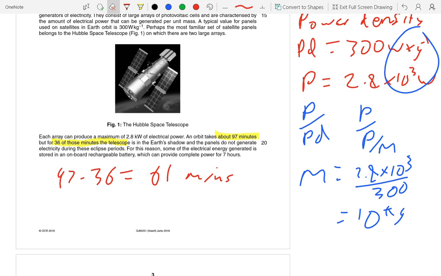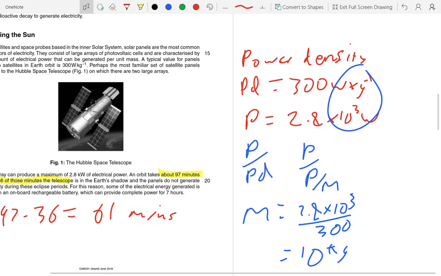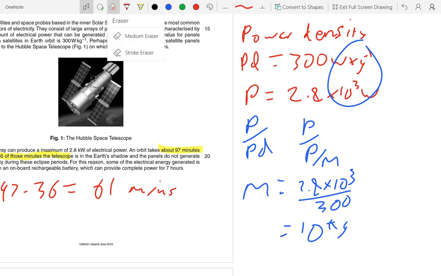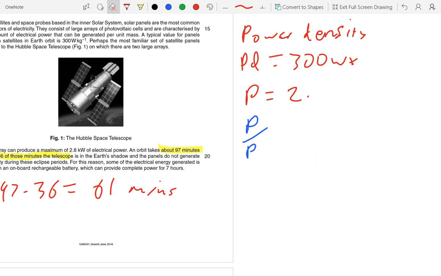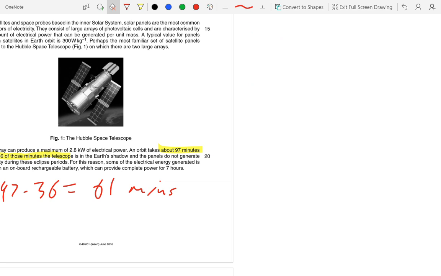So let's just get rid of some of this stuff on the side. So I'll rewrite down the values that we need. We want to look at the values to pick out the important ones.